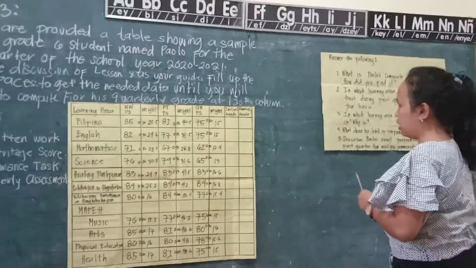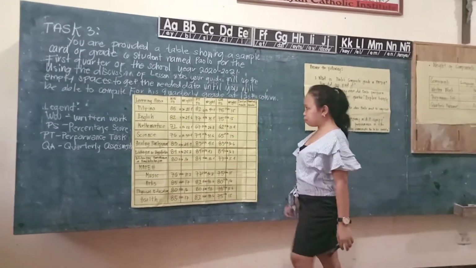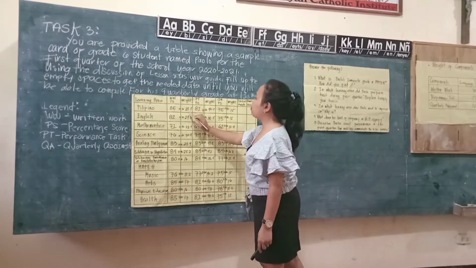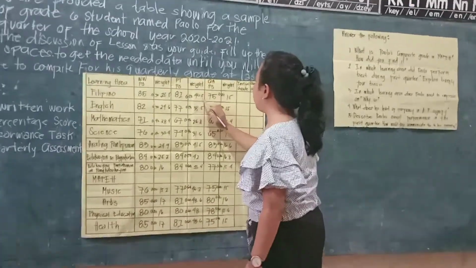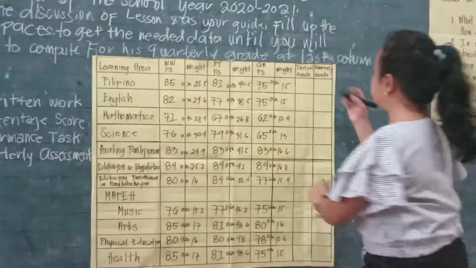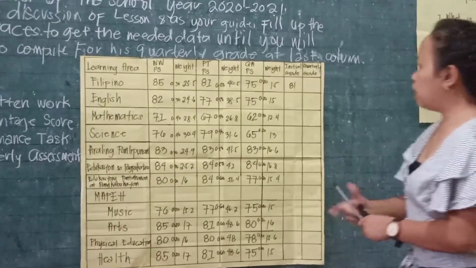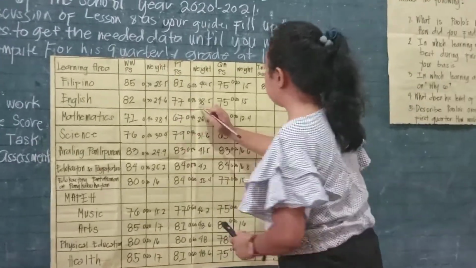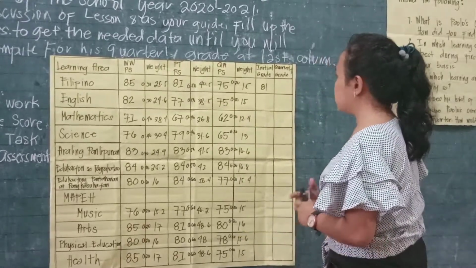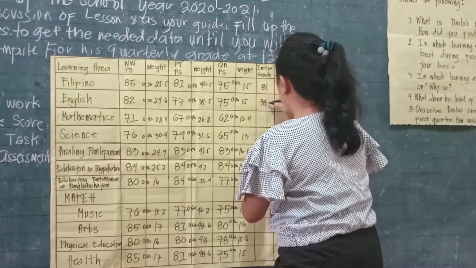So now, let's get the initial grades through adding the weighted scores. So 25.5 plus 40.5 plus 15 is equal to 81. Next, 24.6 plus 38.5 plus 15 is equal to 78.1.